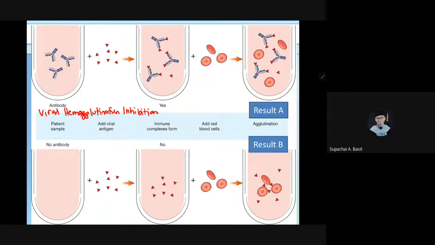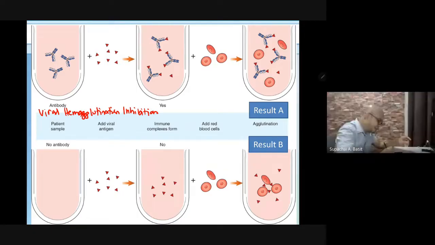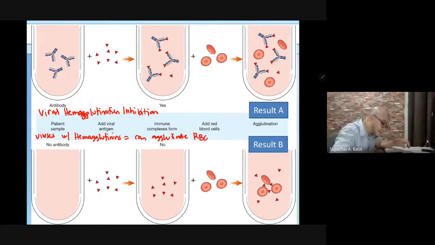Okay? And the viral hemagglutination inhibition is actually helpful for the detection of viruses with hemagglutinins, meaning to say they can agglutinate RBC.